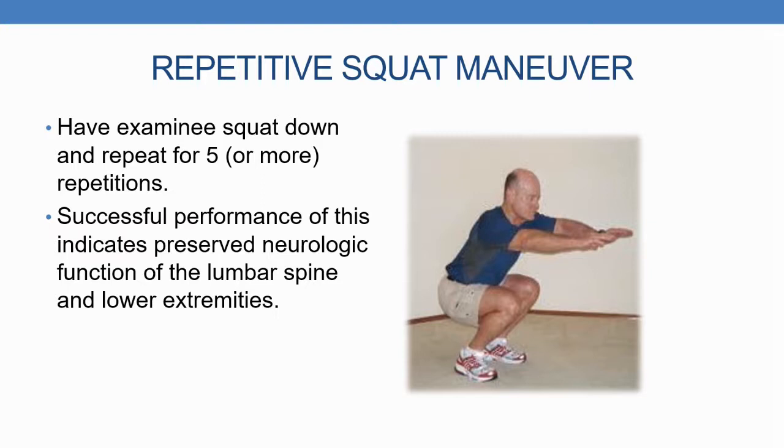And later on in the examination procedure, when you perform manual muscle testing, for example, on the quadricep muscles, those quadricep muscles should test strong. And if they don't test strong, that would be considered an inconsistent exam finding, inconsistent with the ability to perform the repetitive squat maneuver.